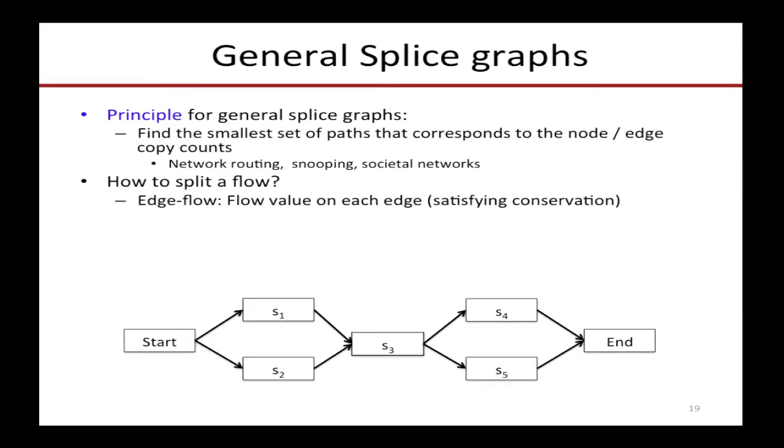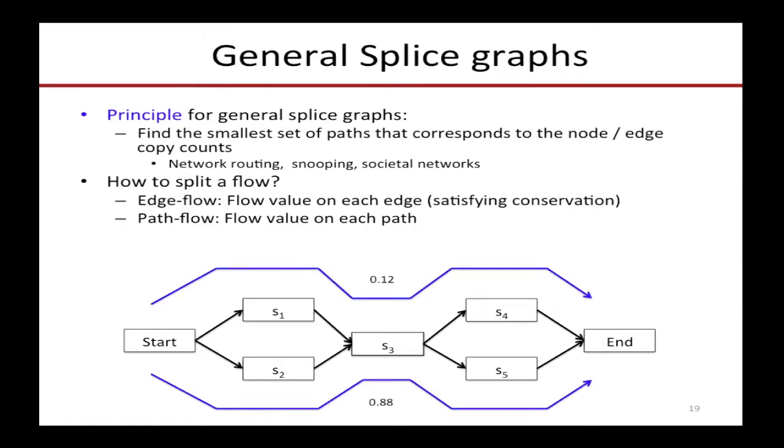There is, however, another way of defining a flow, which is to specify how much flow goes on each path. Here are 2 paths, and on the first path, flow of value 0.12 is flowing, and on the second path, flow of value 0.88 is going. This may look like an equivalent way. However, given a path flow, it's easy to find an edge flow, and it's unique.